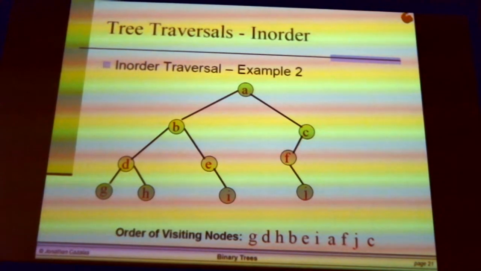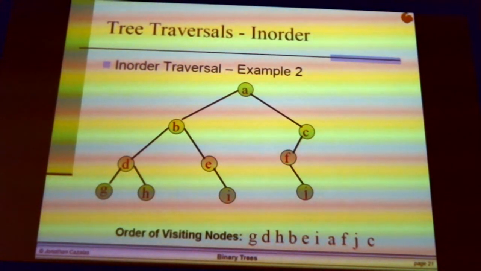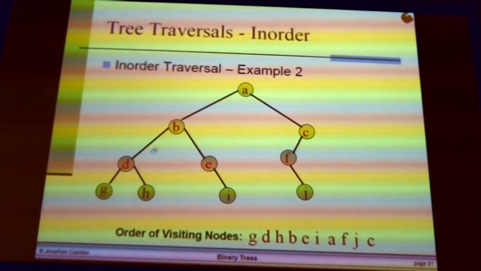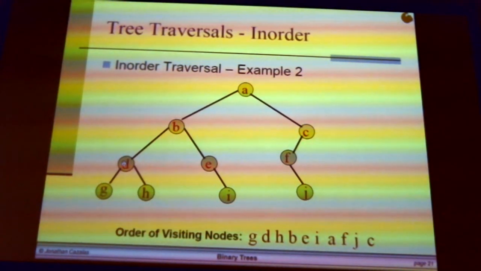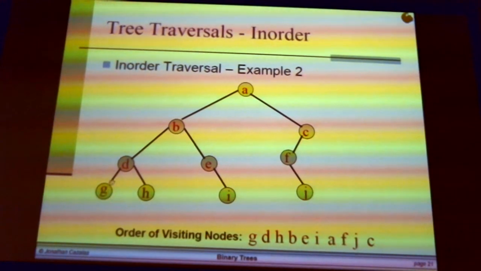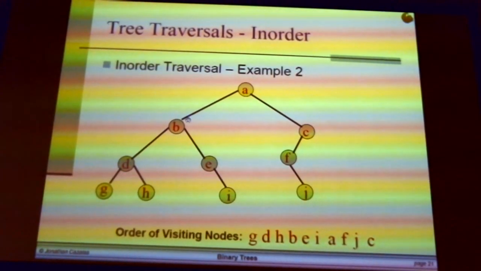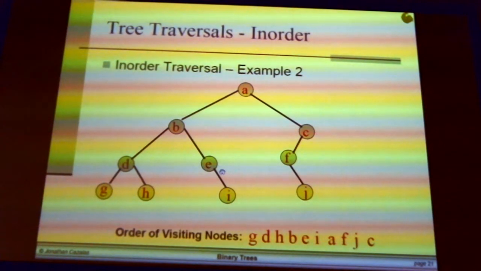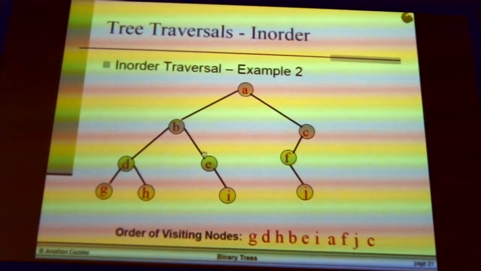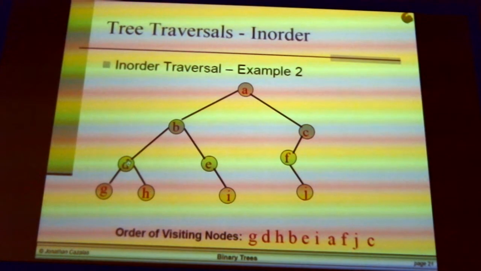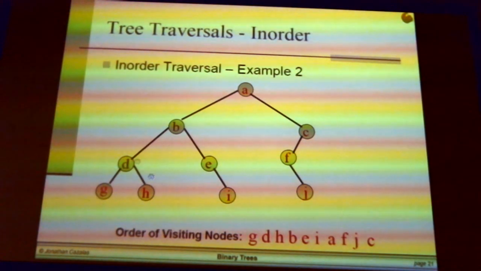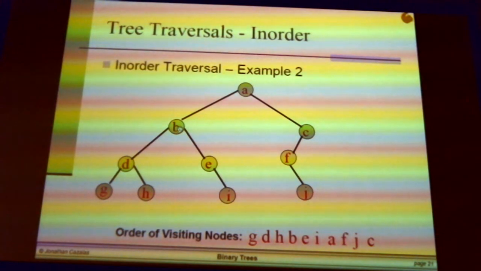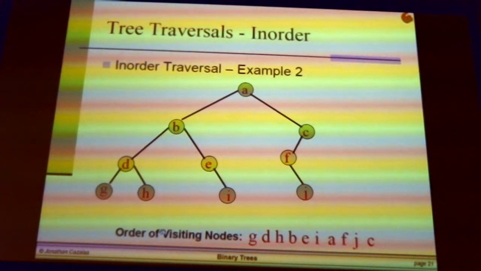Make sense? So then we come up to our next node, B. We just did D, because we did G, D, and H. B is in the middle of D and E, correct? So we go G, D, H, and roll up, and then our B, because that's in the middle.